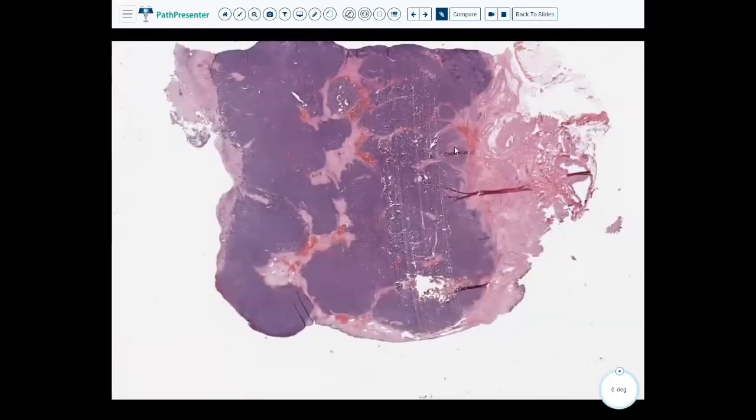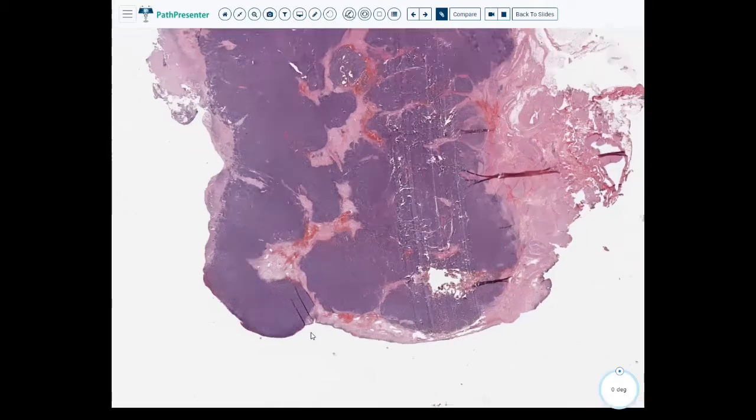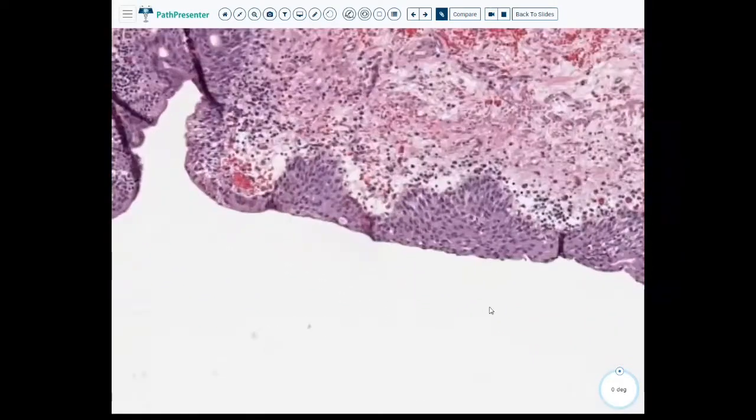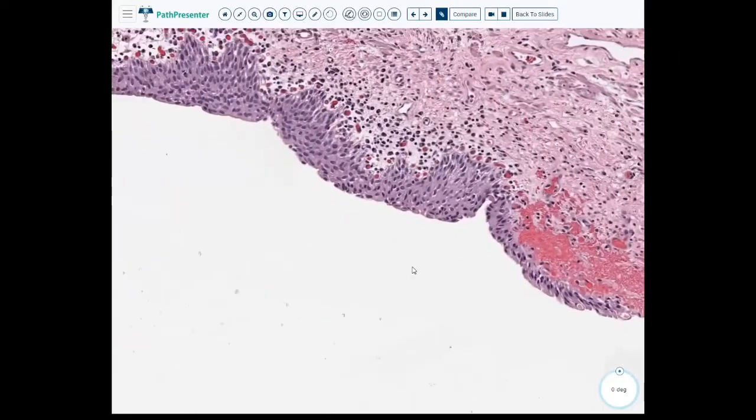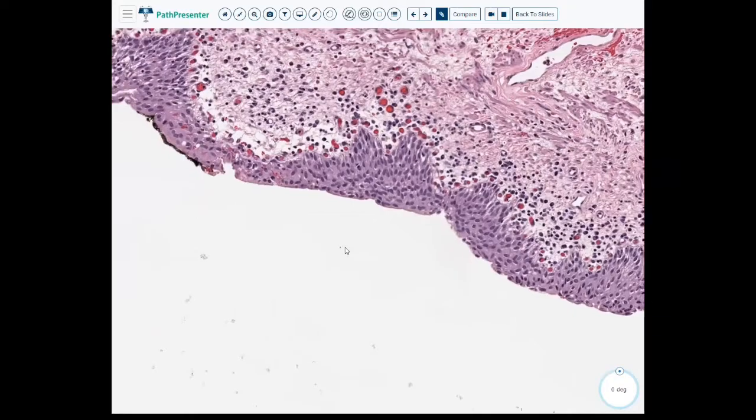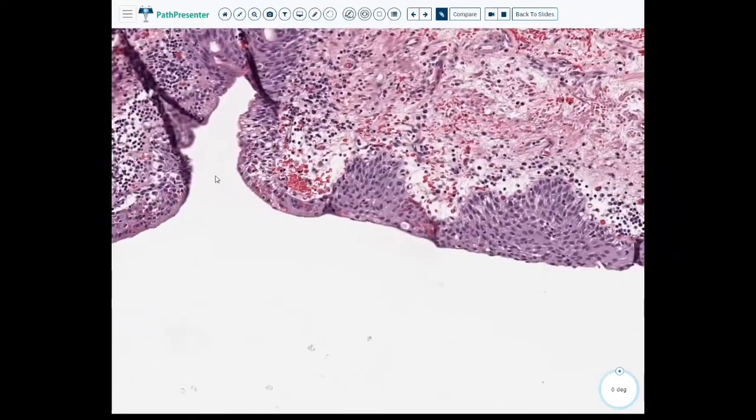Case 12, this is our last case. So again, it looks like they took out the bladder completely. We have fat over here, maybe some normal urothelium up here. So let's just take a look. Yep, and our urothelium is quite happy. There's no real disarray to it. It's the appropriate thickness.